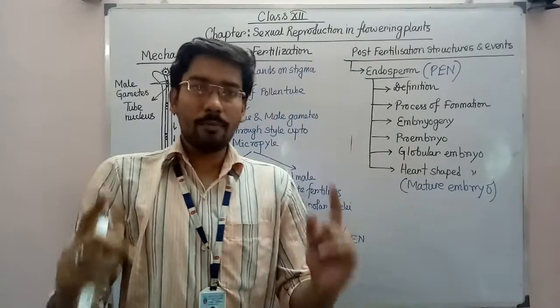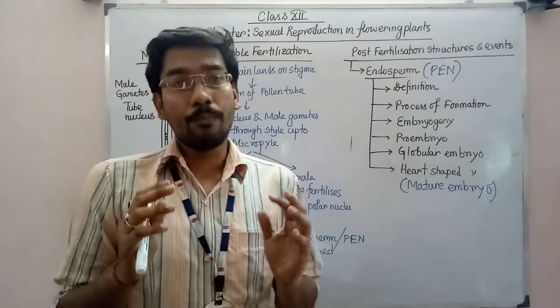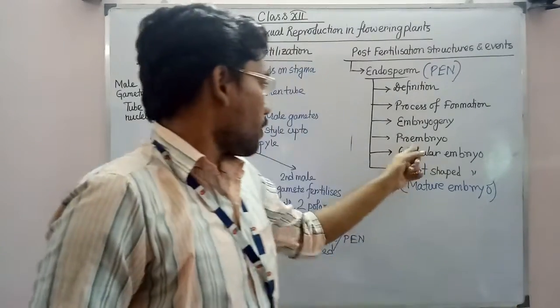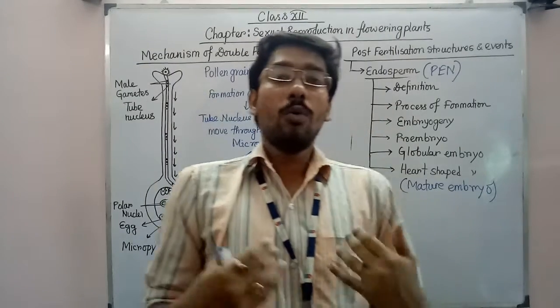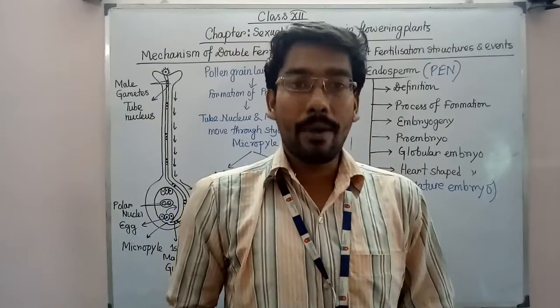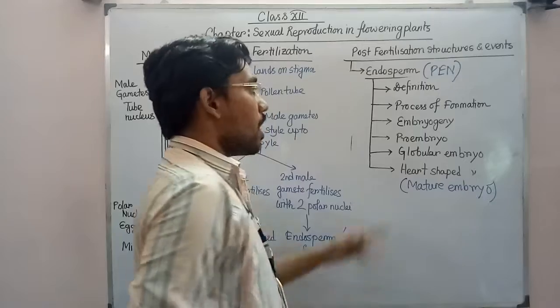Embryogeny, the process of embryo formation, is commonly known as embryogeny, and embryogeny is fully controlled by the endosperm stored within the seed. Proembryo, what is that? Proembryo is the initial form of the embryo, which is generally formed within the seed. So proembryo formation is also under the control of endosperm.